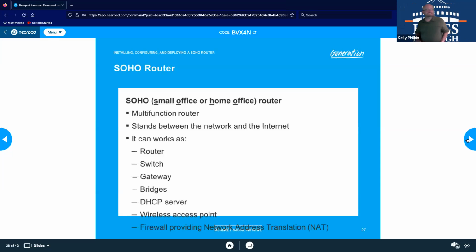All right, so routers, for the purpose of this class, we'll be focusing more on SOHO routers, which stands for small office or home office router. These are multifunction devices like we talked about in Intro to Networking. It does basically everything. It's a router, it's a switch, it's a gateway, it's a bridge, it's a DHCP server, a wireless access point, and it does NAT. It's everything all in one.